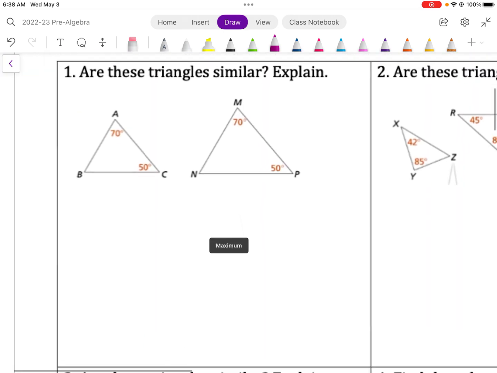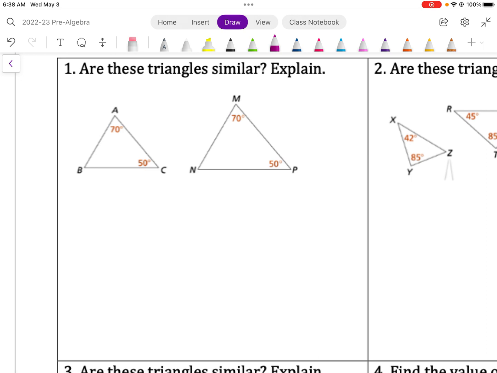So let's look at example one. This says, are these triangles similar, and explain. So first of all, we can see that we have two triangles here. They are sitting in pretty much exactly the same orientation. So when we look at angles, we want to think about corresponding angles. So when I look at this figure, I can see that angle A corresponds to angle M. So I would say that angle A is congruent to angle M because they both have a 70-degree angle measure.